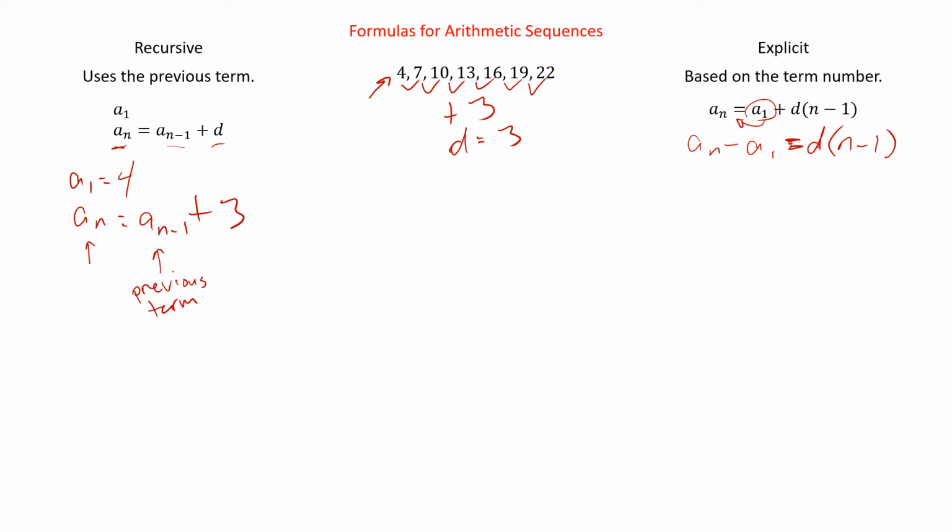If we change these variables back into things that we have seen before, a_n is our y, that's our function, minus the first term, I'm going to call that y_1, equals d.